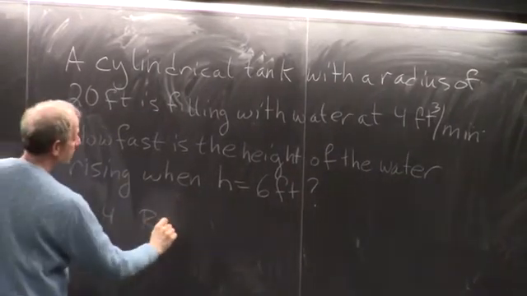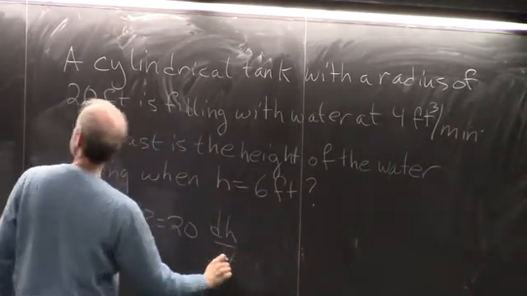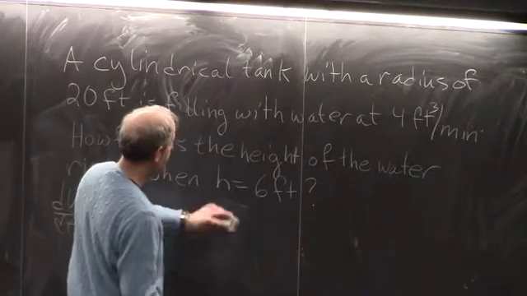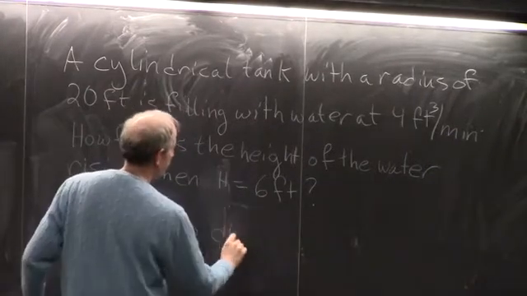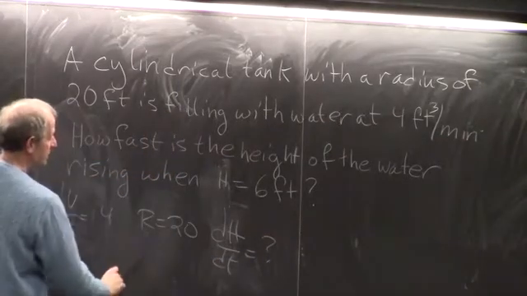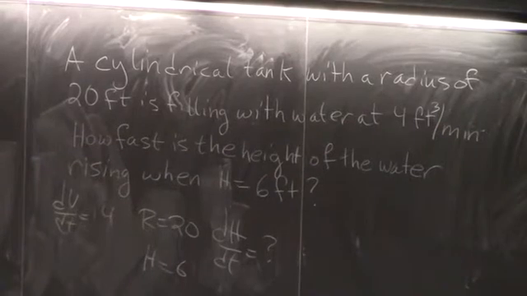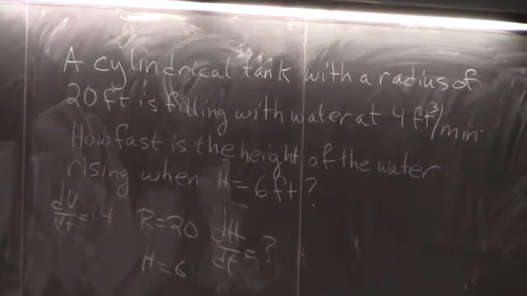We know that r is 20. We want to find dH/dt. We're going to use capital H. The dH/dt is what we're looking for when h is 6. So you could either take the derivative and remember that dr/dt is 0, or you could just plug in 20 for r, because the radius doesn't change.